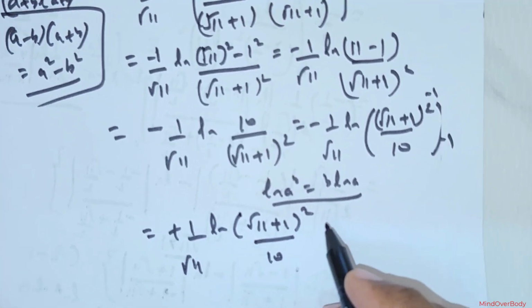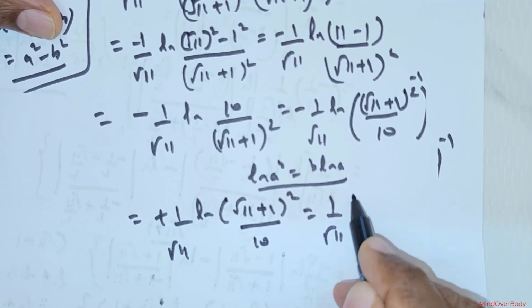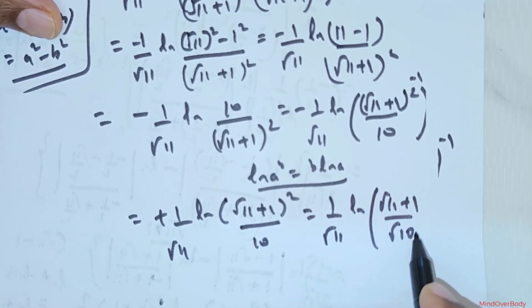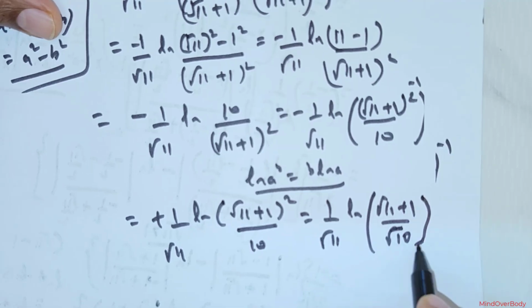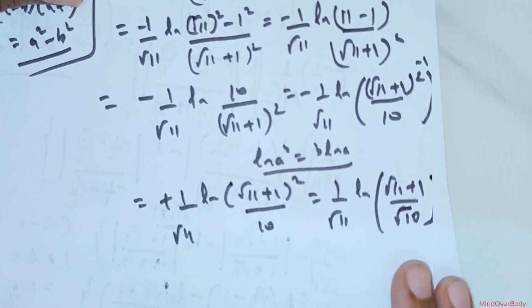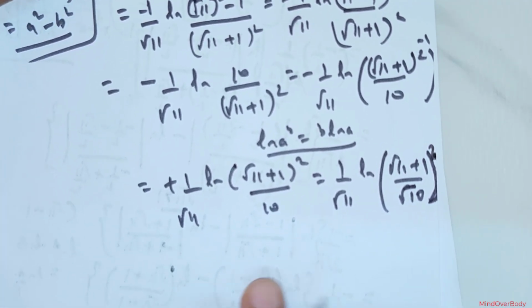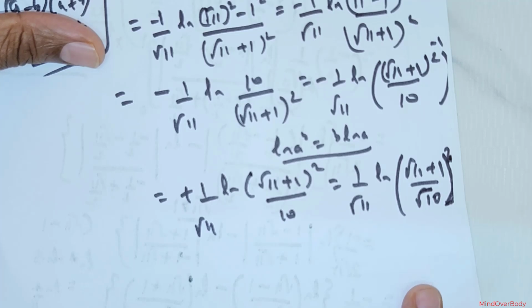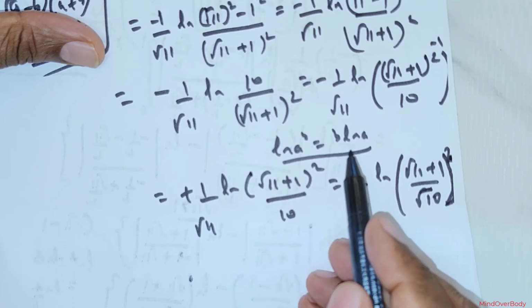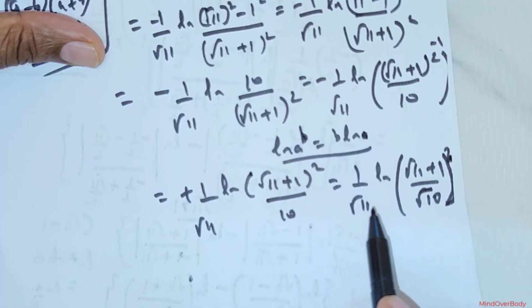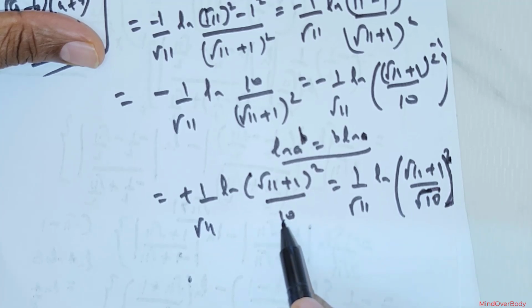Now I'm going to rewrite this as 1 over root of 11 ln of root of 11 positive 1 divided by root of 10. This is raised to the power of 2. Now, as I mentioned to you, we will be utilizing this ln a raised to the power of b is equal to b times ln a. So this is fair enough, right? Root of 10 squared is nothing but 10.